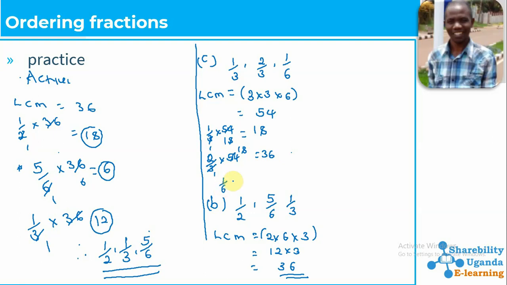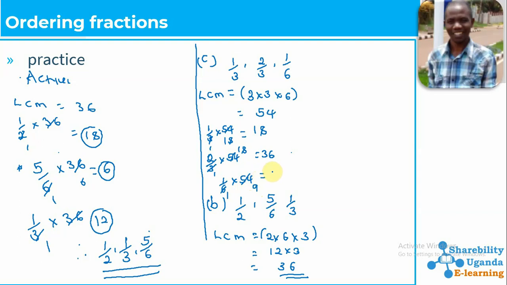We also have another number, which is 1 out of 6 times 54. So we say by 6, 1. What is 54 divided by 6? Someone with an answer? Okay, we get 9.